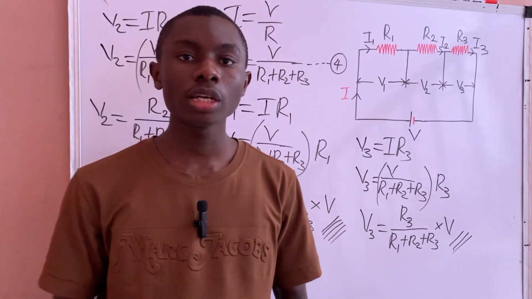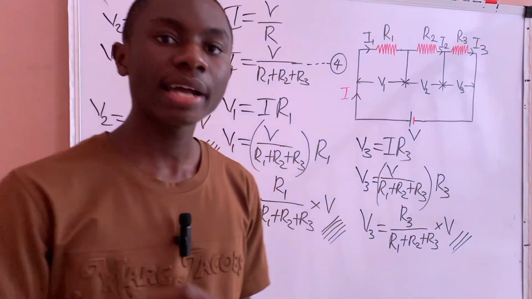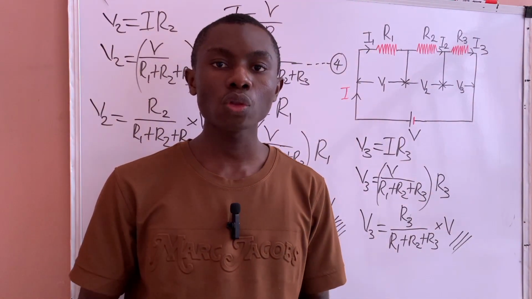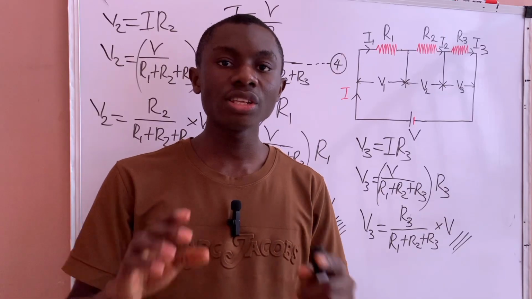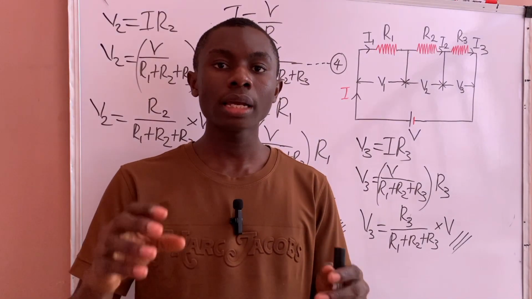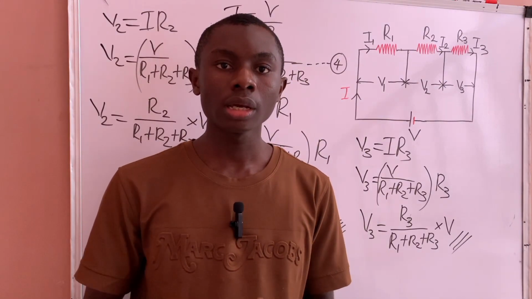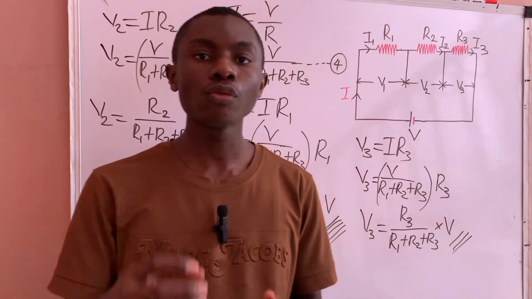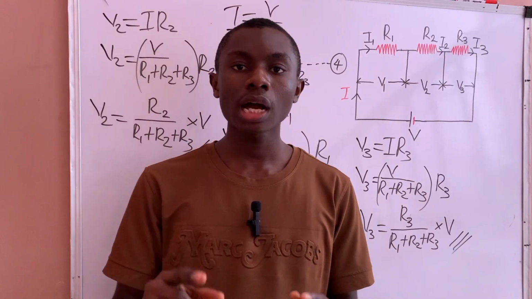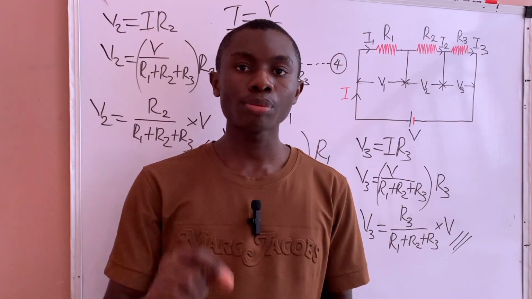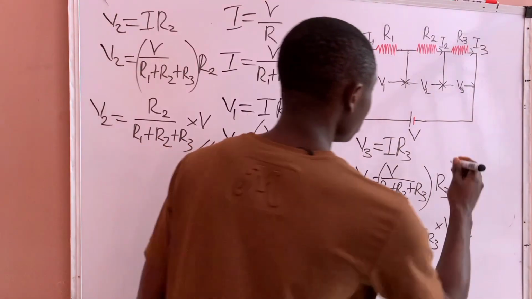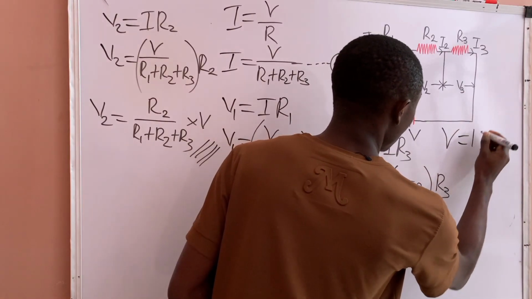And what is the voltage divider rule? The voltage divider rule helps us to find the voltage drop across each resistor in a series circuit without finding the supply current of the circuit. With Ohm's law, V equals IR.